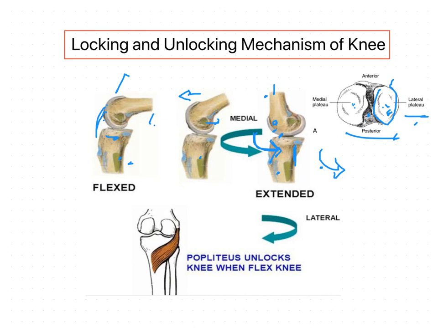So the femoral medial condyle rotates medially. This medial rotatory motion of the femur is mainly seen in the final 5 degrees of extension, and it is very important to lock the knee joint.